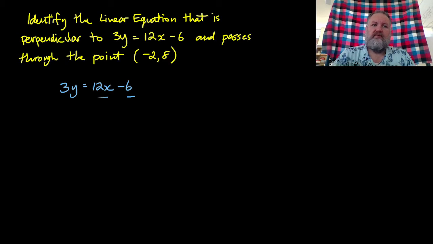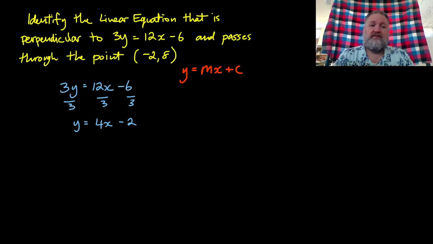Remember, our general form just has a y on one side of the equation. So we need to work this equation until we have just a y on this side. We can divide everything by 3, and we end up with a form that looks very similar to the one I wrote in red there.